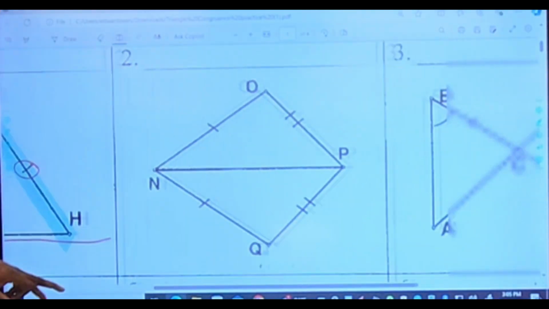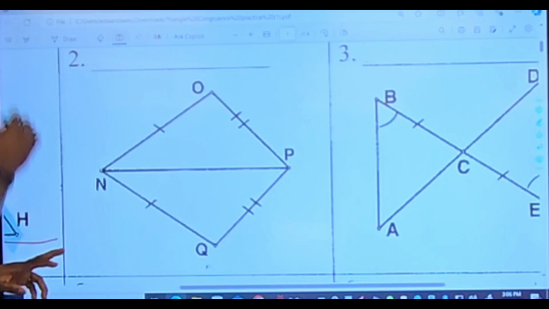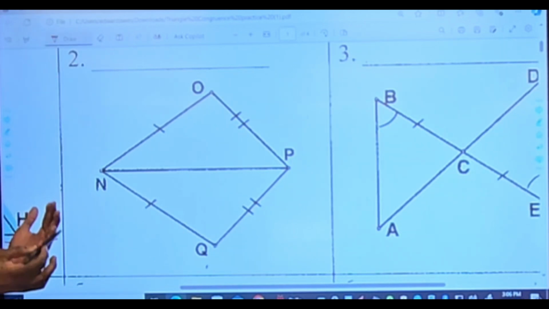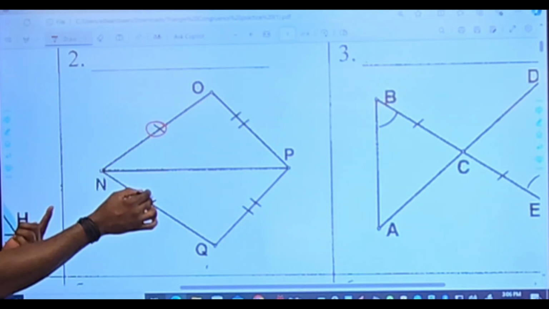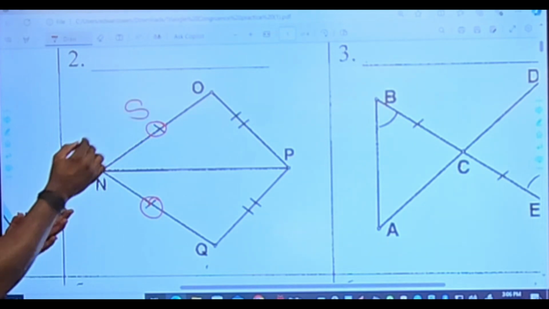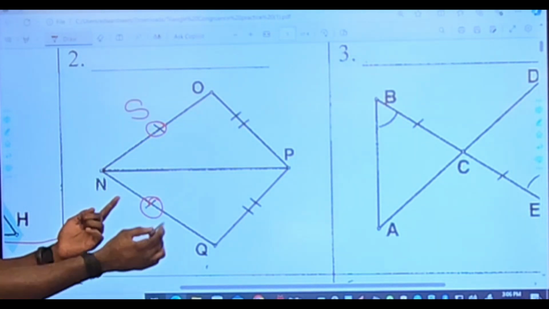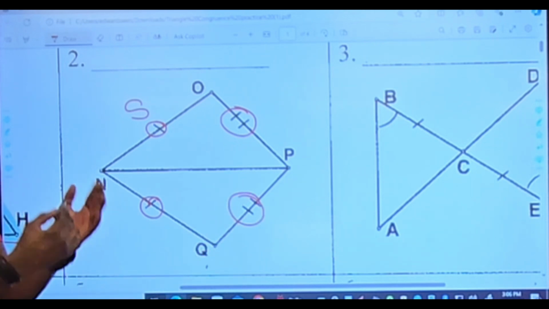Example 2, let's go. All right, so with example 2, what do we notice here? We're noticing that we're seeing a lot of sides being given. For example, this side here is congruent to this side. So we have one pair of sides already. And then secondly, I'm seeing double stroke. This side is congruent to this side, so that's double stroke.